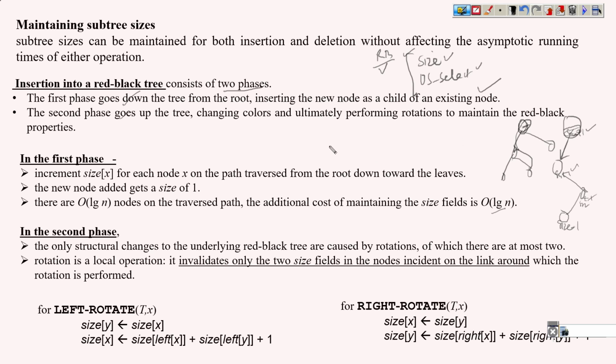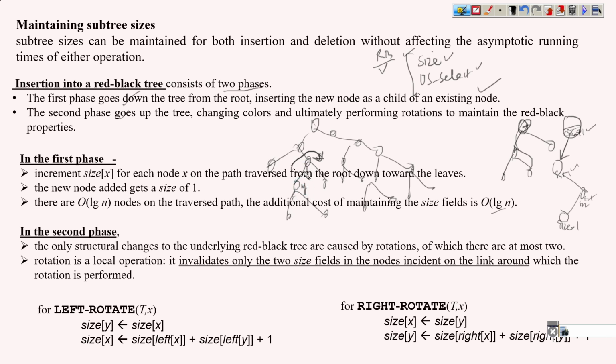Actually, when we do rotation, let's say this is our tree, and let's say you are doing rotation at this part of the tree. Normally we call it x and this y, meaning the parent and grandparent.